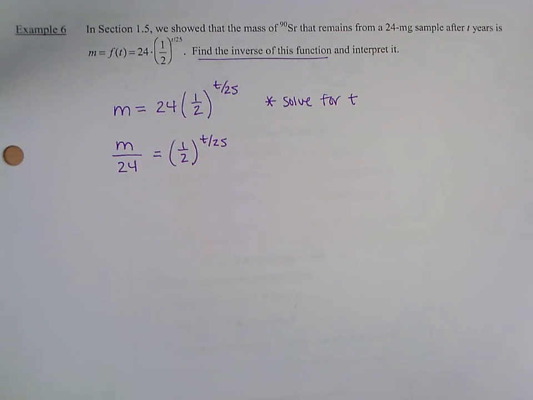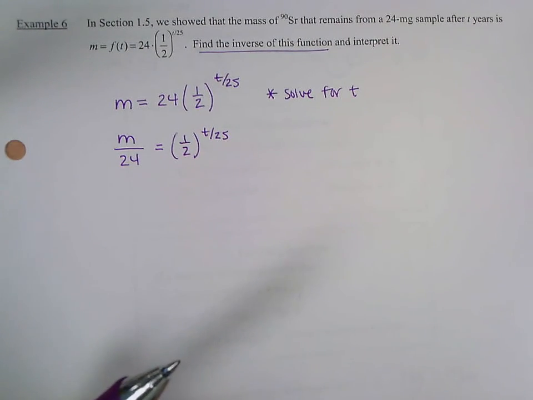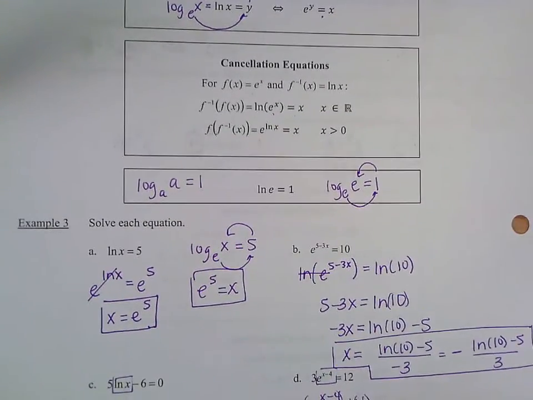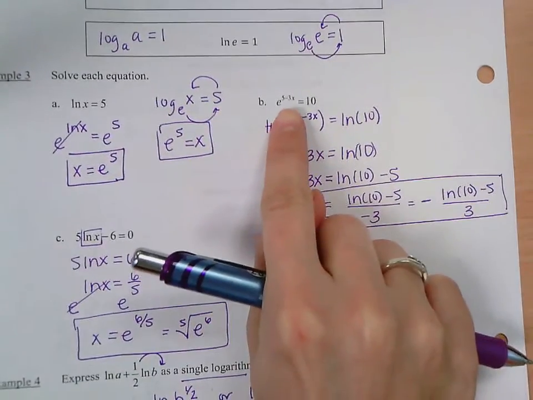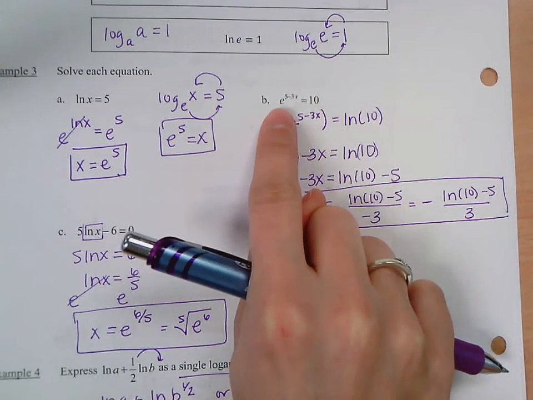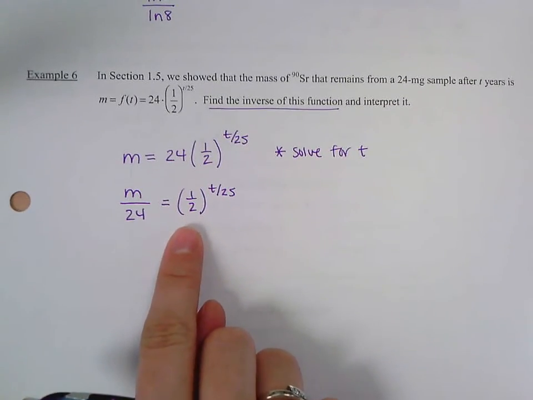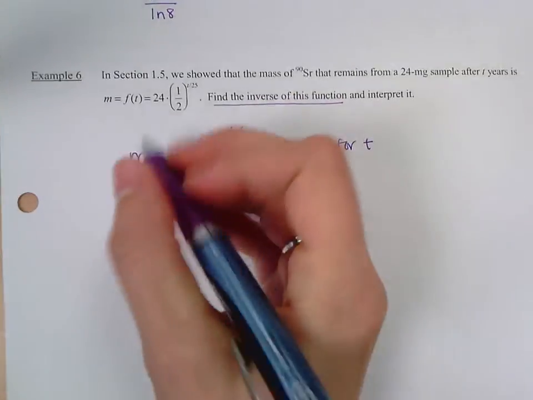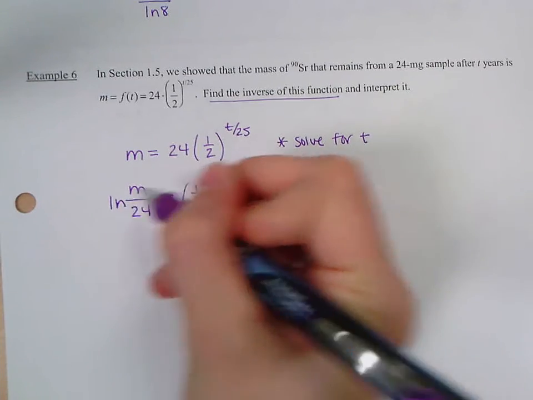So I'm going to show you how you can do this. There's actually different things you could do here. Here we also had an x in the exponent. We took natural logs of both sides. Yes, it canceled out the e. Even though I do not have base e, I can still take the natural log of both sides.